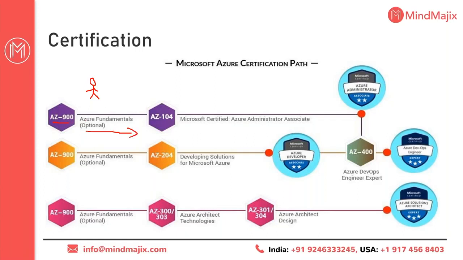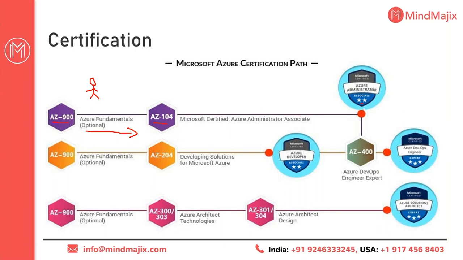Following this path comes your AZ-104, which is Microsoft Certified Azure Administrator Associate. This is an associate badge, a 2-star associate badge. AZ-104 is the successor of AZ-103, which got retired in the month of August.